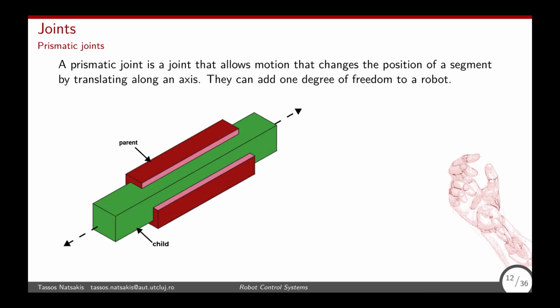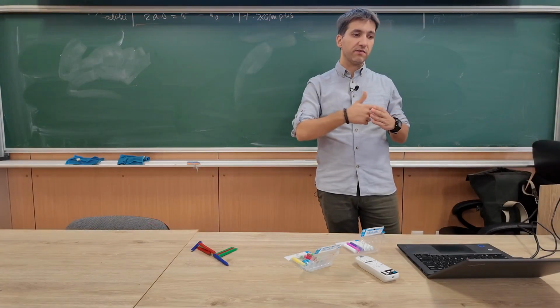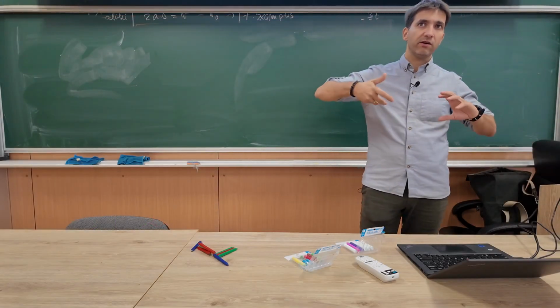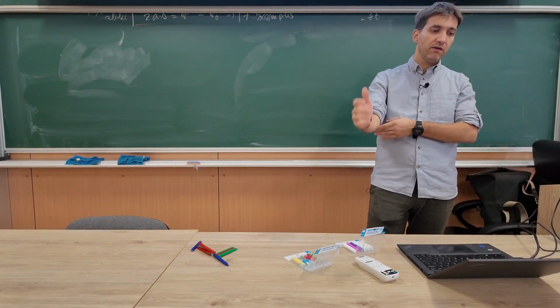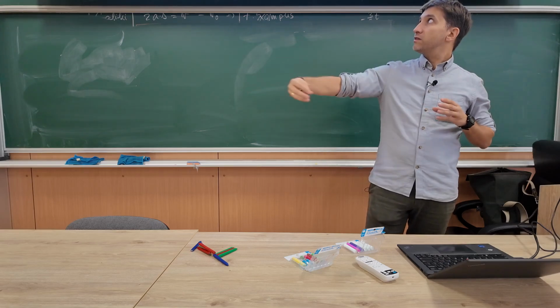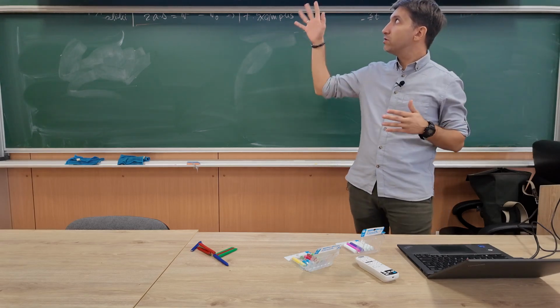The second type of joint is what we call the prismatic joint, where this kind of joint allows a translation along a fixed axis. With the revolute, we had a rotation around the fixed axis. With the prismatic, we have a translation. Try to depict it here.